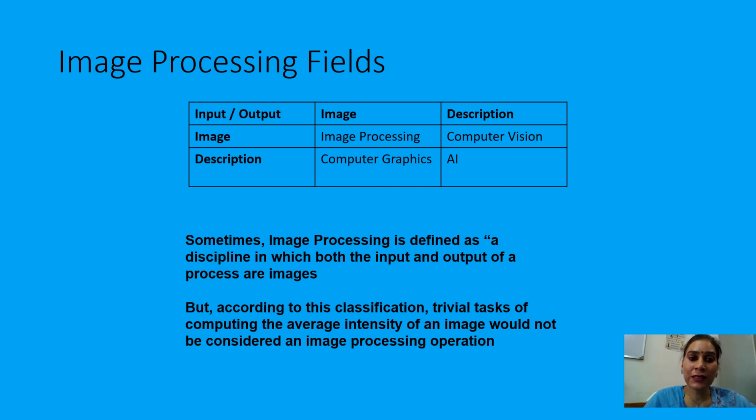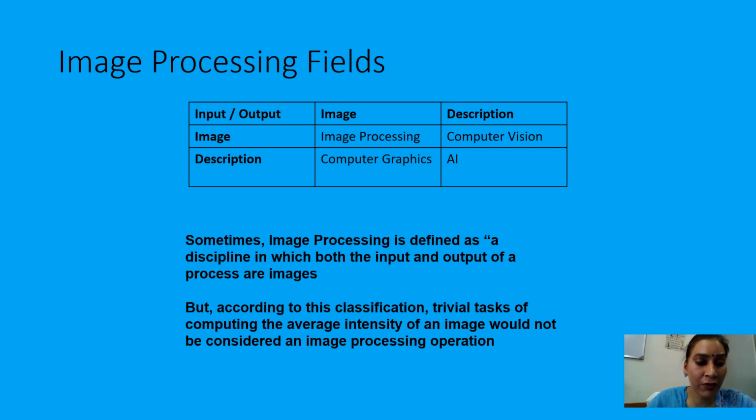Here we are discussing that when we are doing image processing, the first version is computer vision. When we are describing the image in the form of computer graphics, that comes under artificial intelligence. Sometimes image processing is defined as a discipline in which both input and output of a process are images.